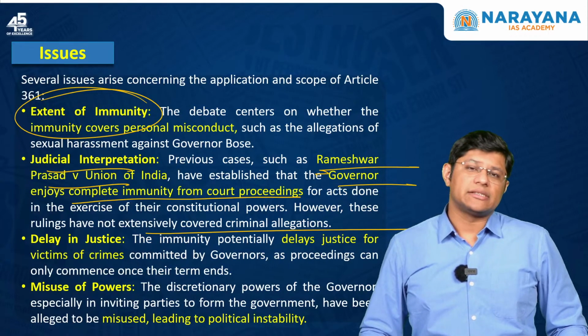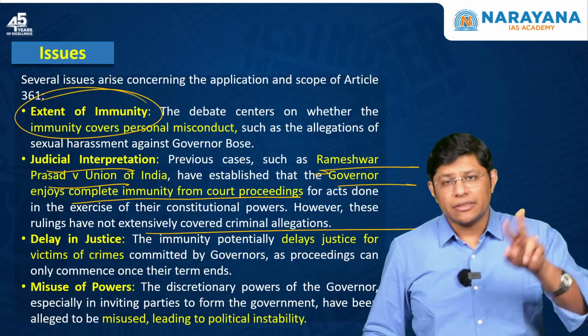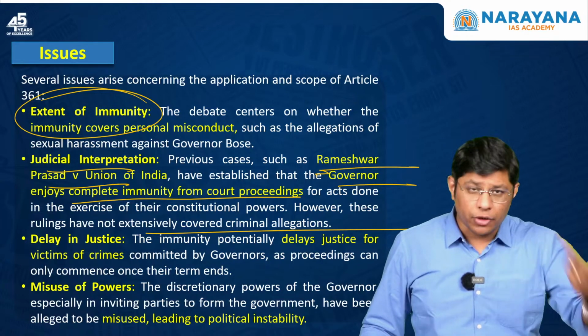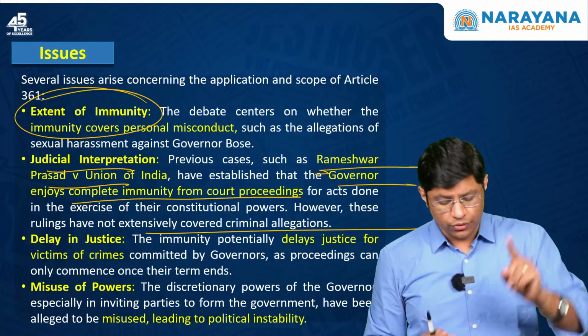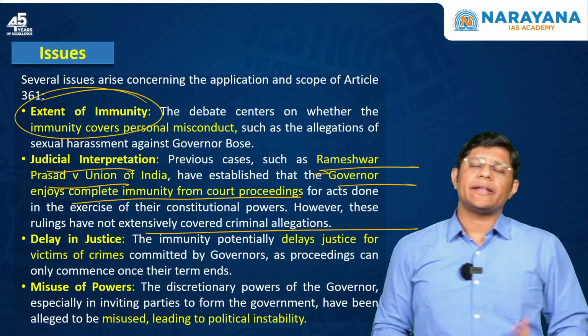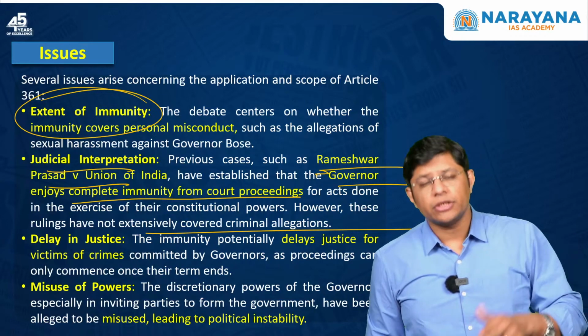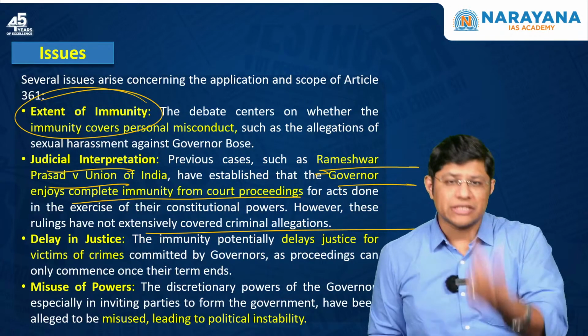Delays in justice. Now, by giving protection to a president or governors, are we really dealing justice to the victims? By giving protection, actually we are denying justice to the victims. This is an issue that we need to address. And given that the president or governors are misusing their powers, there is a question on the extent of immunity that should be granted to a president or governor.